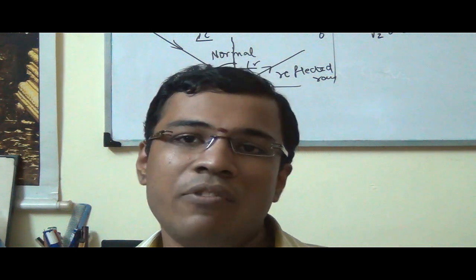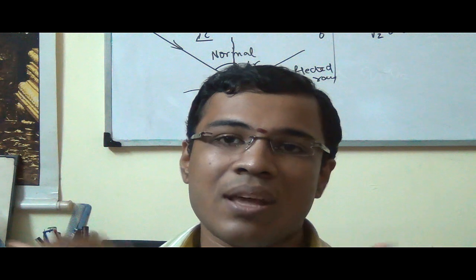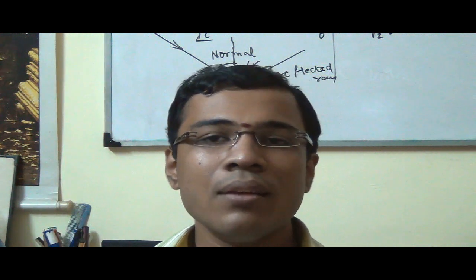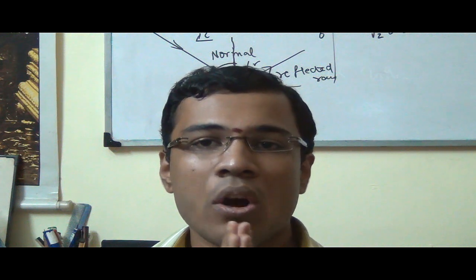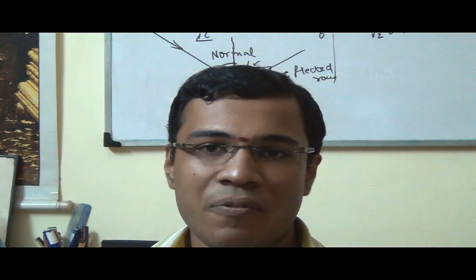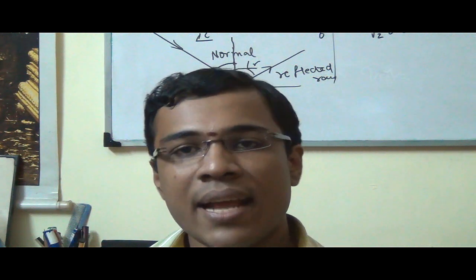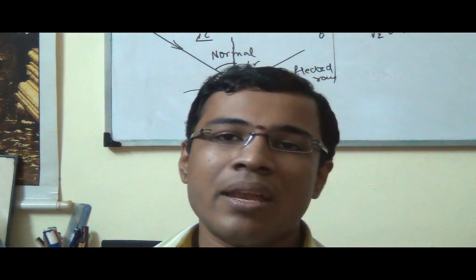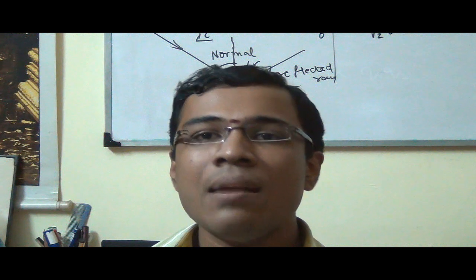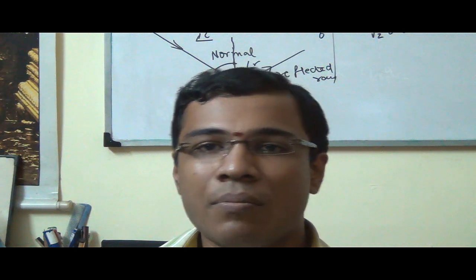And I will give you some homework questions for you to analyze and find out why it is so. Clear? So for now, module 3, we will stop with basics of reflection and Cartesian sign convention. And in the next module we will see deriving the mirror formula and solving problems related to the mirror formula.